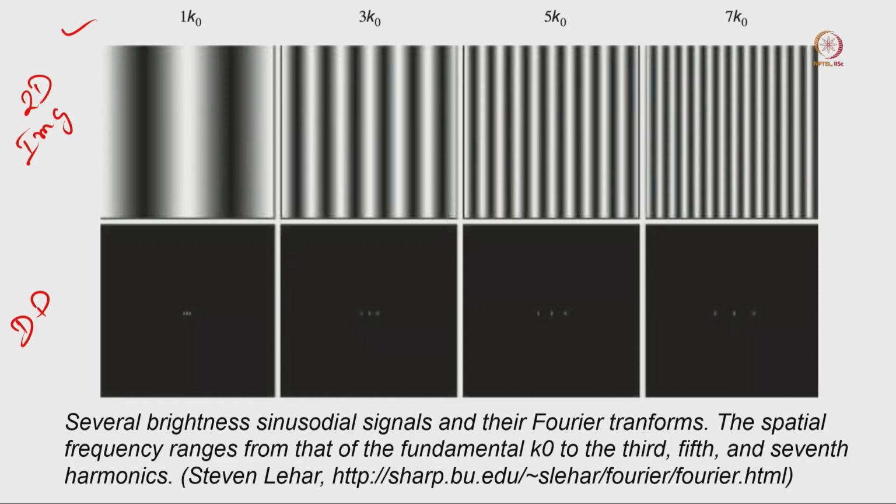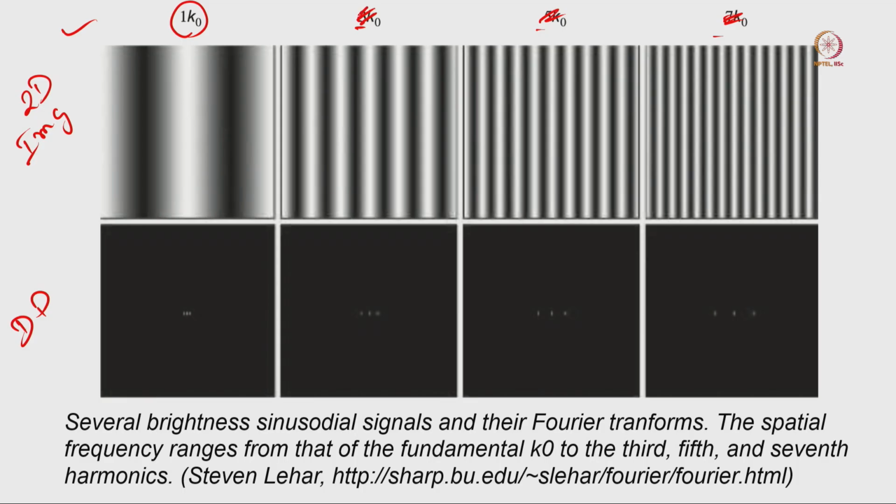In this particular case, it is written that k0 is 1, and the frequency is 1, 3, 5 and 7. You can just count those things and get it. Here the frequency will be, this one is 5, if you just count this one, ignore this at this moment.